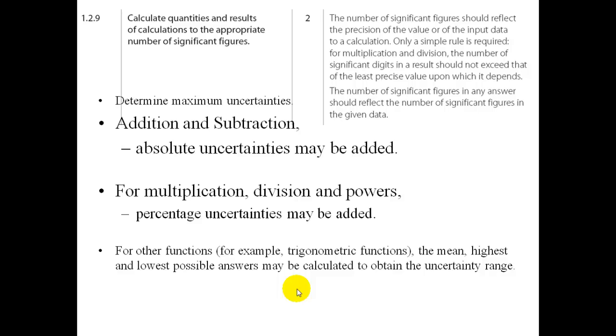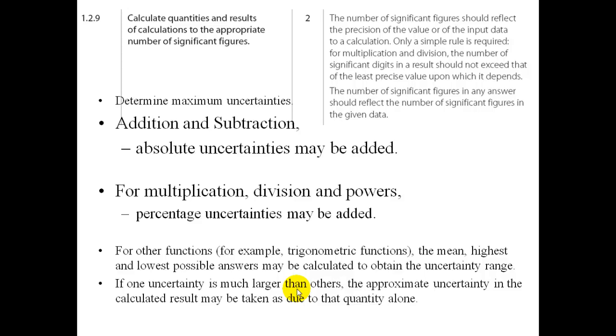For other functions like trig functions, the mean, the highest and the lowest possible values may be calculated to obtain the uncertainty range. If one uncertainty is much larger than the others, the approximate uncertainty in the calculated result may be taken as due to that quantity alone, in other words, the least uncertain value.